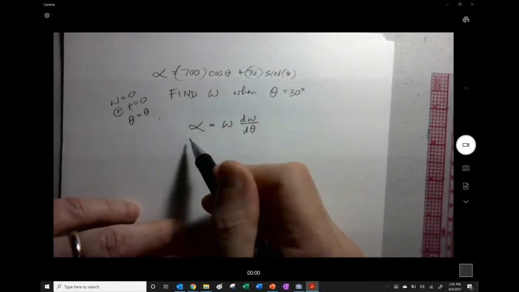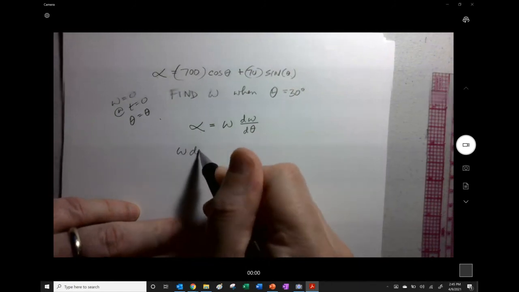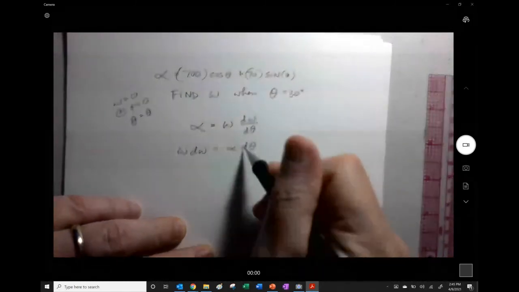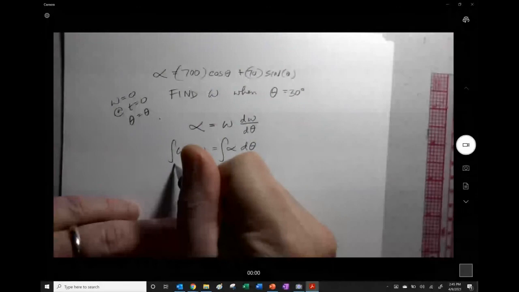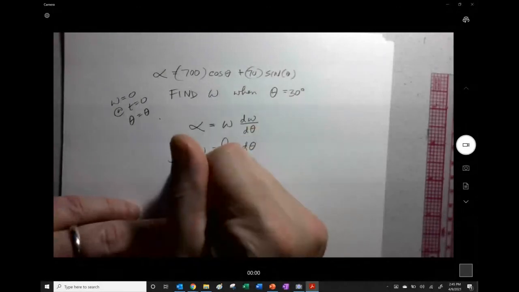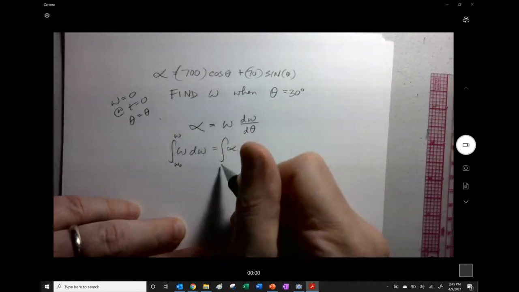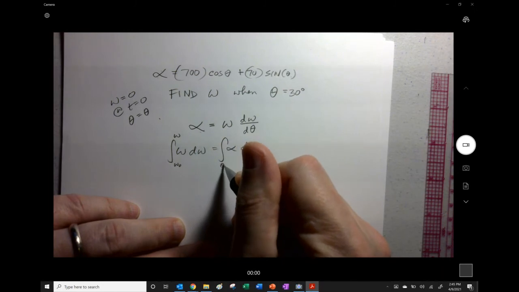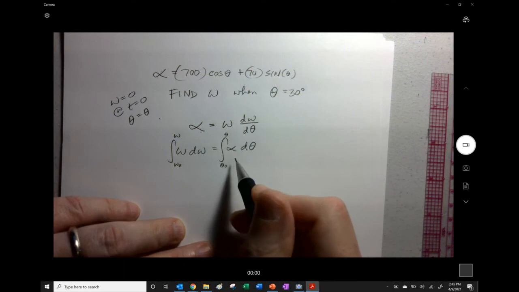So what I'm going to do here is rewrite this as omega d omega equals alpha d theta, and integrate from the beginning. So omega 0 to omega at some other position, and theta original to theta right here.